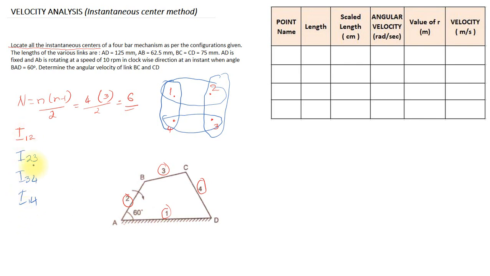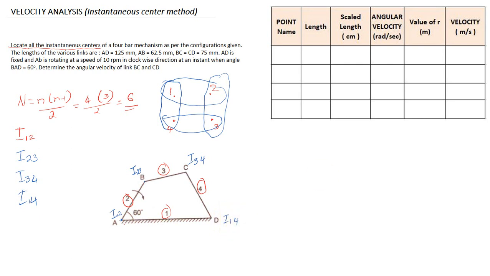Before that, we can mark these instantaneous centers. This is your first link, this is your second link, and this joining point is I12, this point B is I23, the next point is I34 and this point is I14.